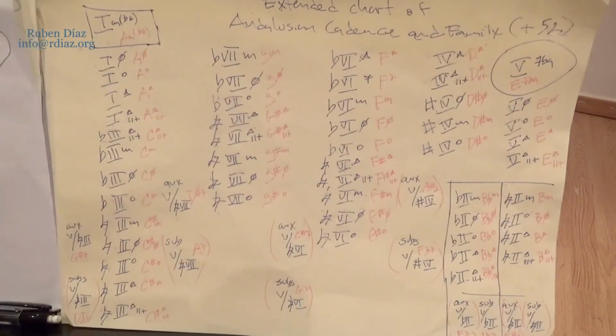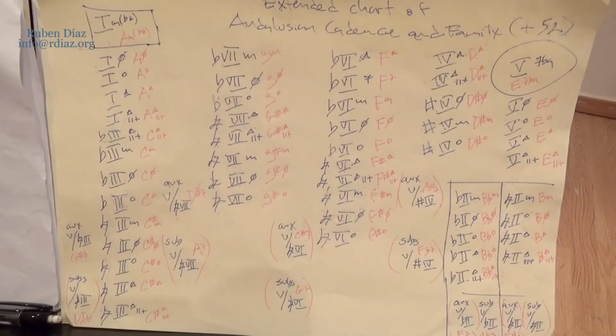Secondly, take this whole chart close so you can see it all together. So we have things like first minor, auxiliary 5th of the flat 7, and then we have flat 7 minor, 4 minor, and then again to the 5th 7 flat 9, E 7 flat 9.